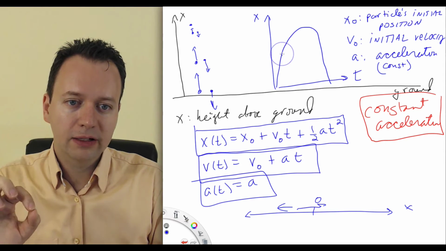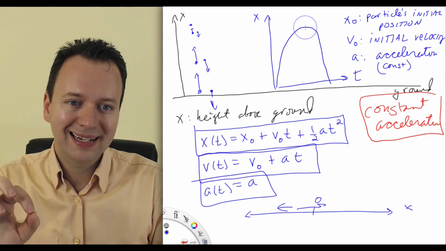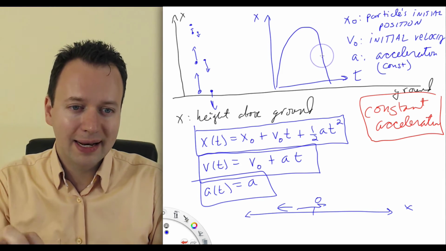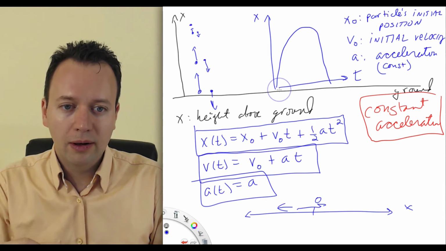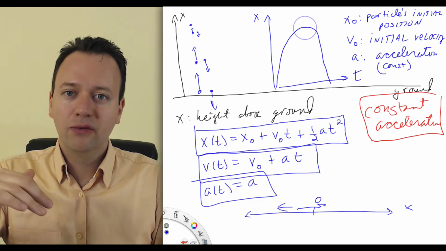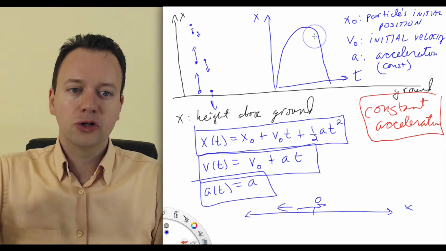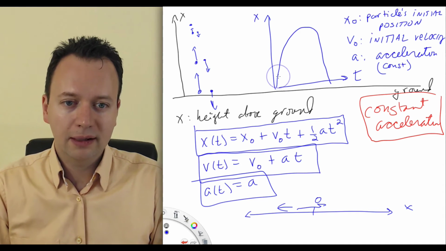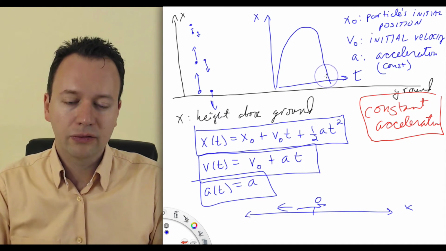Positive velocity on the way up, zero velocity at the top, then negative velocity on the way down. So when position is increasing, velocity is positive; when position is decreasing, velocity is negative.